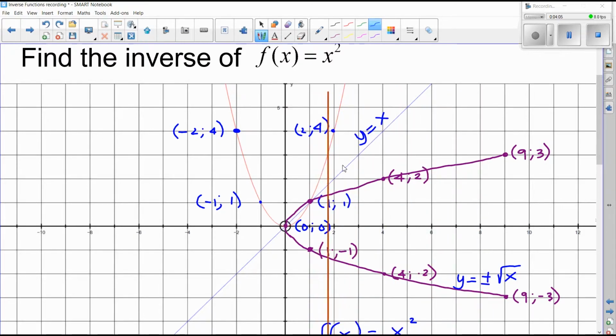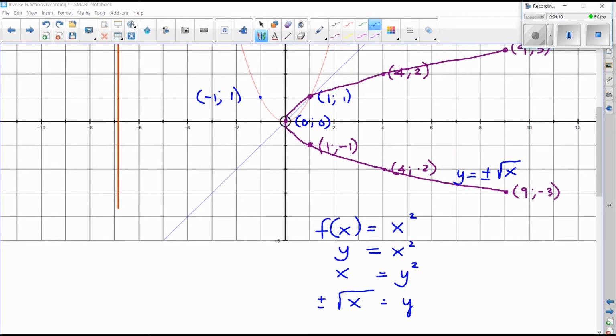It cuts it in two places, and so the inverse of the function f of x equals x squared is not a function. And because the inverse graph is not a function, I may not write my equation in this format.